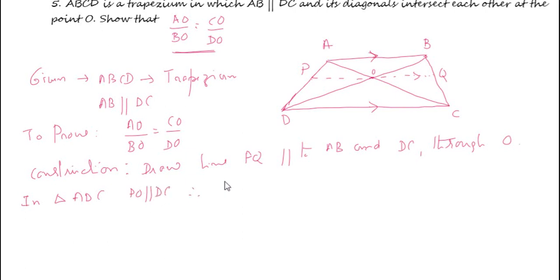Therefore AP divided by PD equal to AO divided by OC. We'll call this as 1. This is from Thales theorem.